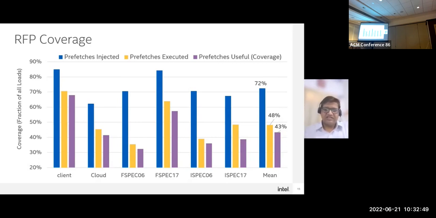To further increase coverage, solutions are needed to increase the available L1 bandwidth. Finally, we see prefetches for 43% of all loads were correct and helpful in hiding the load latency. Prefetches for only 5% of loads were incorrect. Note that these incorrect prefetches do not cause pipeline flushes, but only reissue the dependent in the out-of-order pipeline.